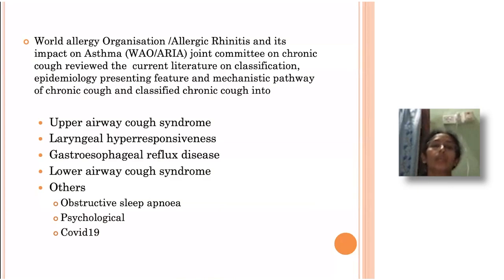The World Allergy Organization and Allergic Rhinitis and its Impact on Asthma Joint Committee on Chronic Cough reviewed the current literature on classification, epidemiology, presenting features and mechanistic pathways of chronic cough, and they classified chronic cough into upper airway cough syndrome, laryngeal hyperresponsiveness, gastroesophageal reflux disease, lower airway cough syndrome, and others. Under others, we can think about obstructive sleep apnea, psychological causes, and COVID-19.